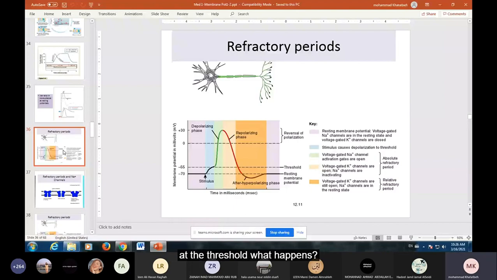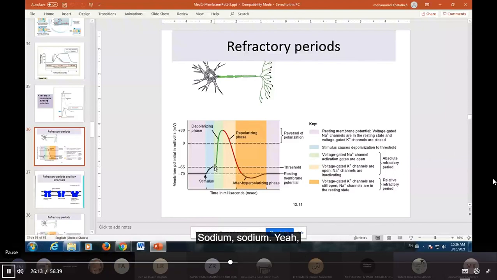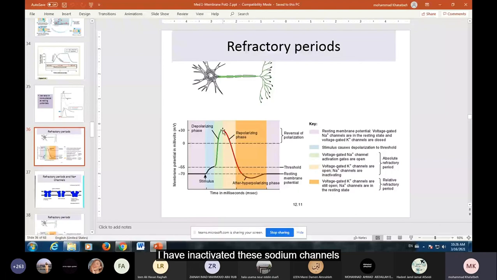Now, we said at the threshold, what happens? We are activating what types of channels? Sodium channels. At the tip here, we are inactivating these sodium channels, and because of inactivation and higher activity of potassium channels, we are getting repolarization.